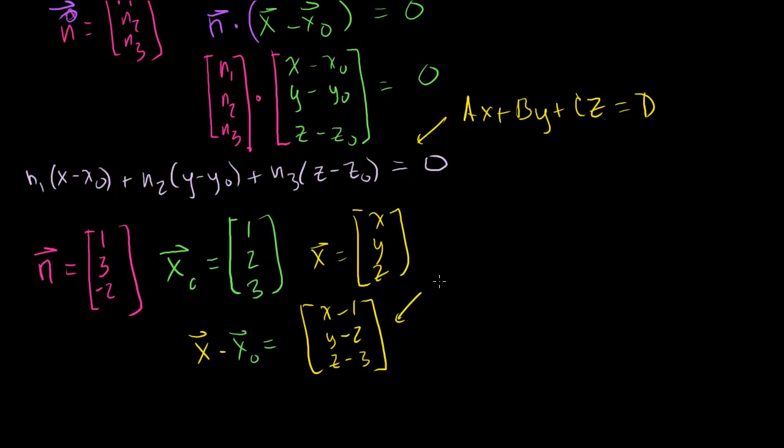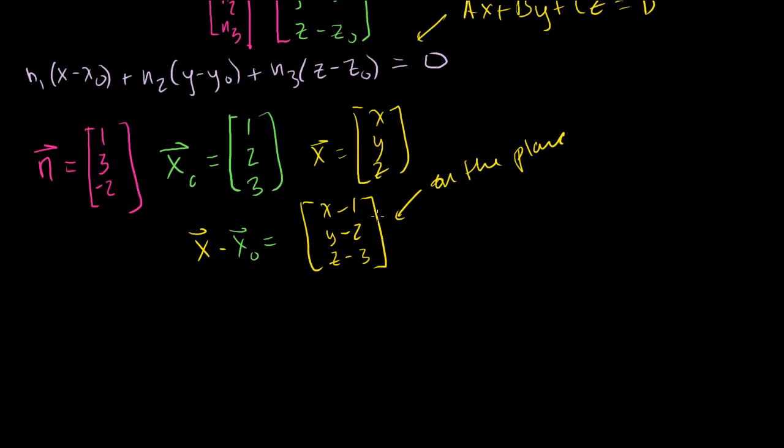This is on the plane, and it's going to be perpendicular to our normal vector. So if I dot my normal vector, 1, 3, minus 2, with x minus 1, y minus 2, z minus 3, I should get 0, because this has to be perpendicular to anything that lies on the plane. So what do we get?